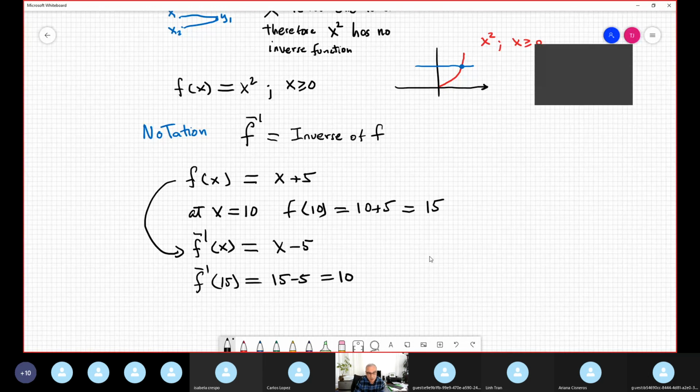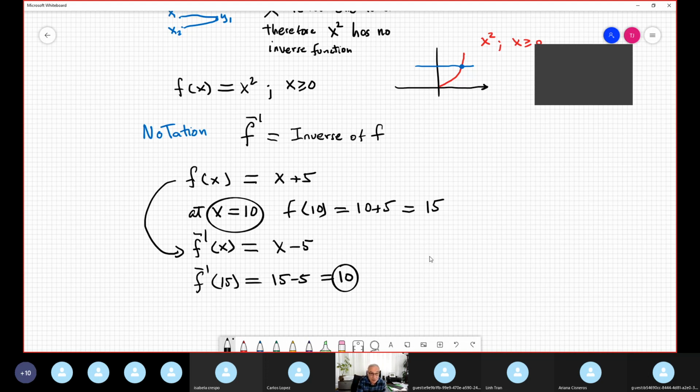And we come back to the same 10 that we supposed at the beginning. Wow. So the direct and inverse functions undo each other and give me the same number.